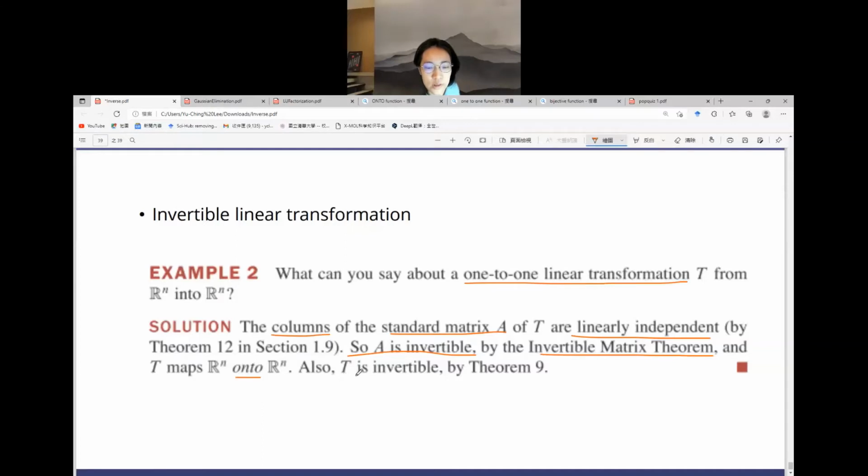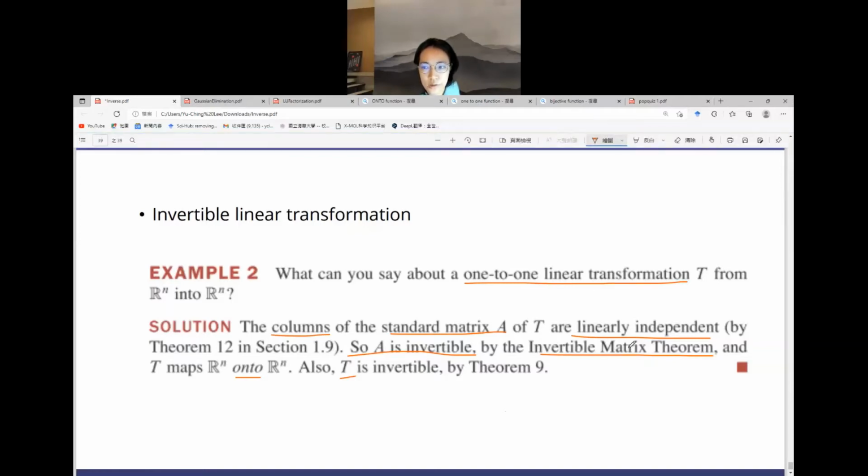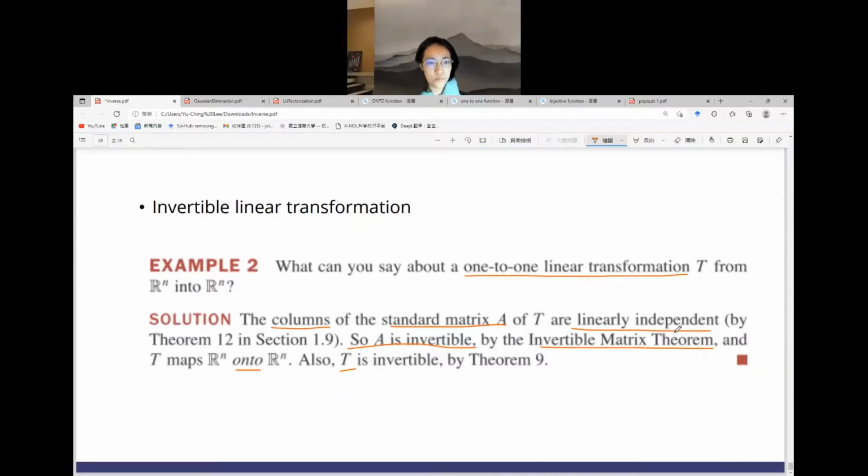And this linear transformation is invertible. Actually, you can say many things. You can also say Ax equals 0 has only the trivial solution, and that there exists a unique solution for Ax equals b. Everything in the invertible matrix theorem is a possible answer to this specific question.